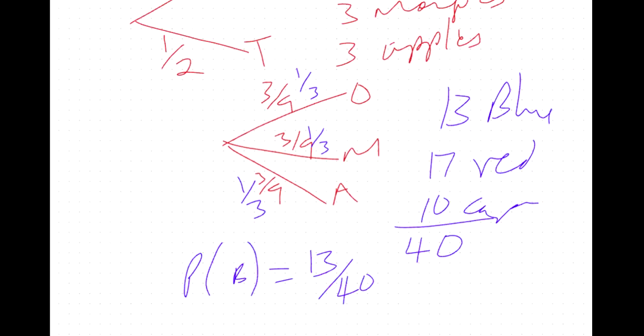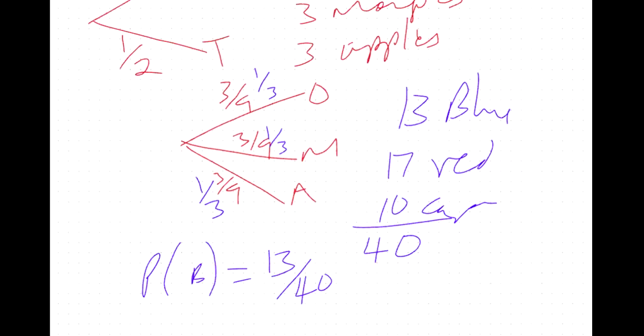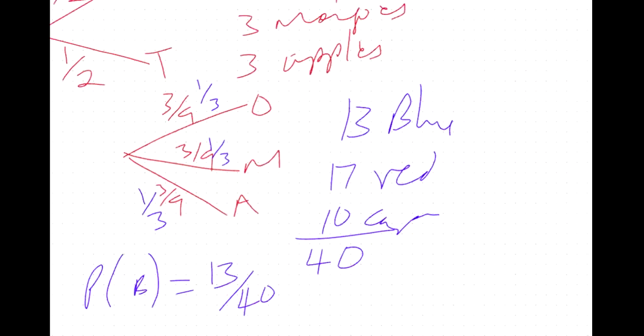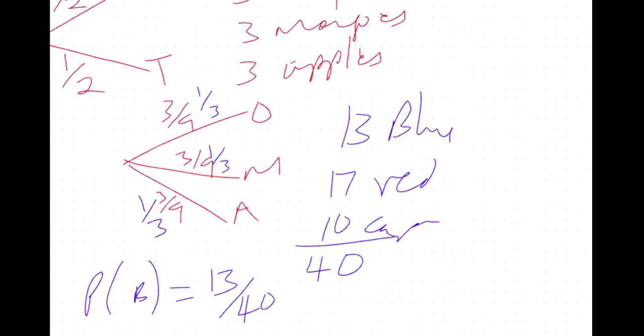Just like the example we used for this fisherman: he has 13 blue gills, 17 red gills, and 10 others, all in a basket. If you want to pick one of them, it will be how many there are out of the total.